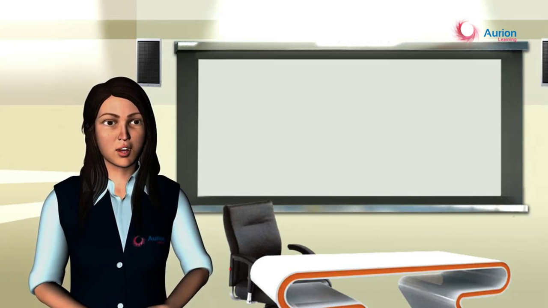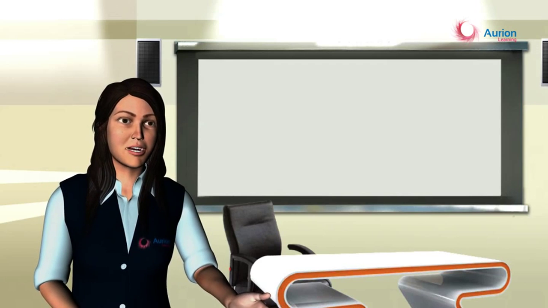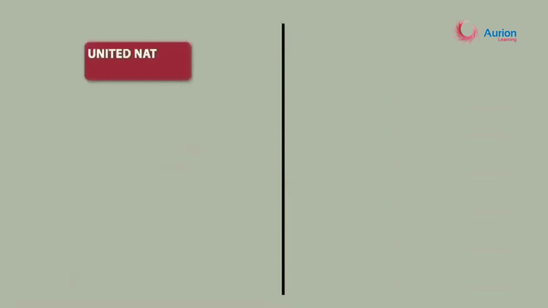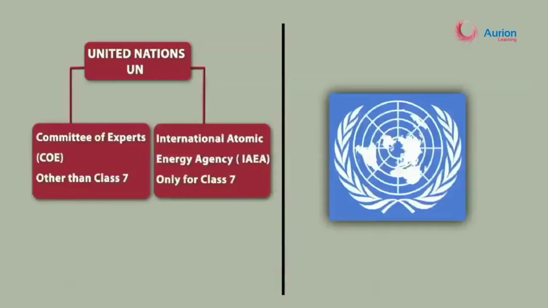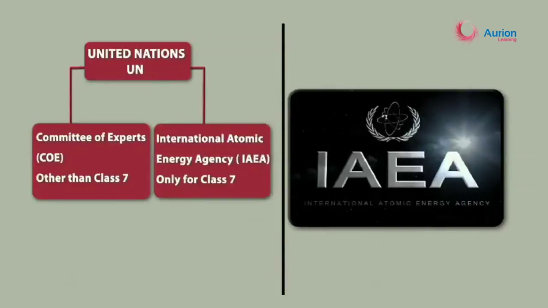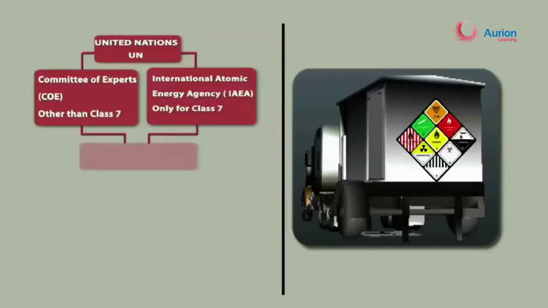Professor, can you tell us who formulated these rules and regulations? Certainly. The United Nations appointed 2 committees to submit their recommendations on the carriage of dangerous goods. They were the Committee of Experts, COE, and the International Atomic Energy Agency, IAEA.